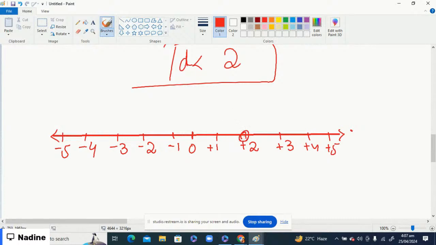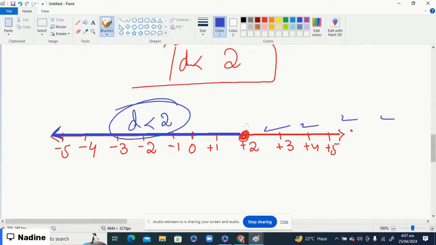This is positive 2 here, and d is less, it means that d is on the left side. So we are going to move d to the left side. This shows that d is less than 2. Got it? Because this is less, and here the d is greater because these are all the greater numbers. Now let's do one more question.